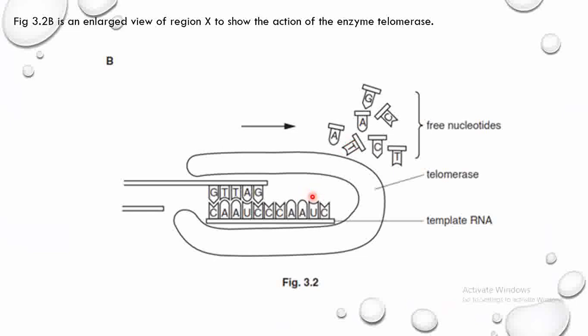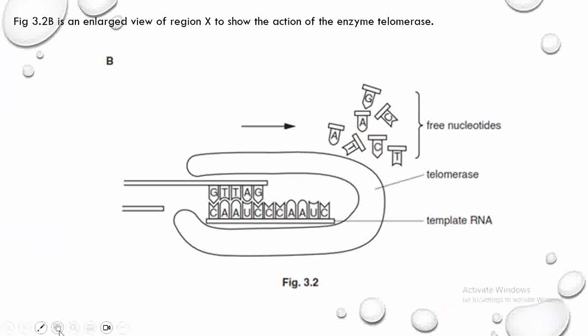So the RNA is used as a template to make DNA. The telomerase enzyme allows the activated free nucleotides to bind, first of all, by complementary base pairing, and then a phosphodiester bond is formed between them to form a strand.